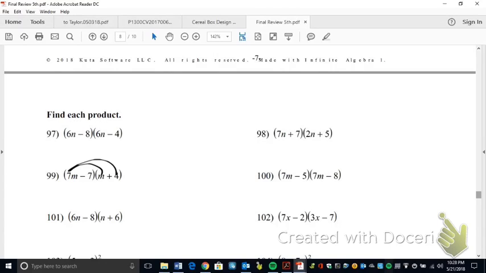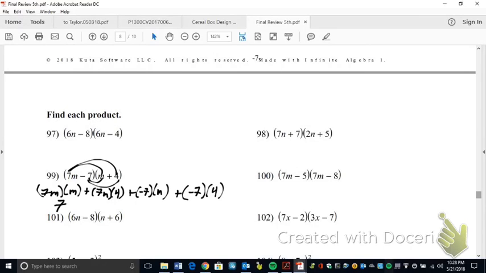Next up, 99. We're going to go 7m times m plus 7m times 4 plus a negative 7 times m plus a negative 7 times 4.